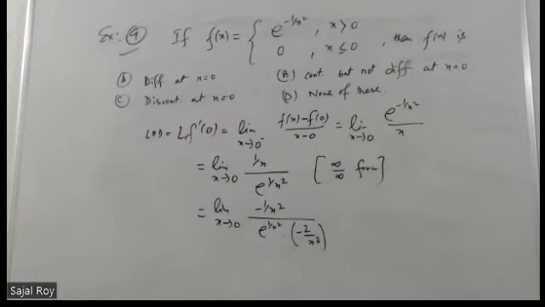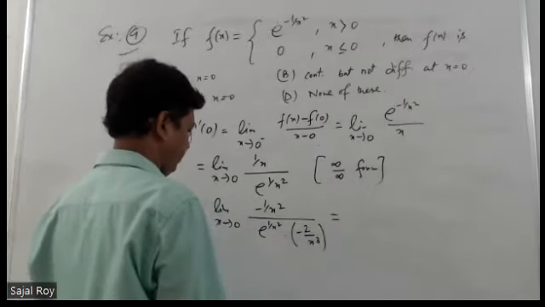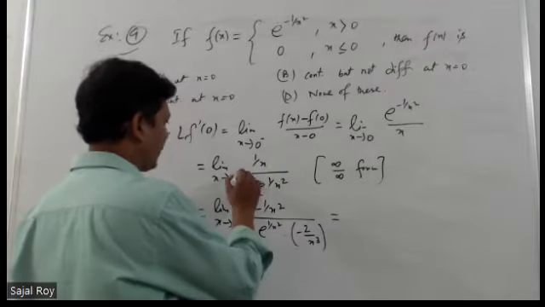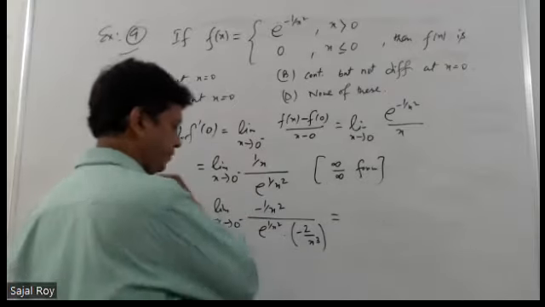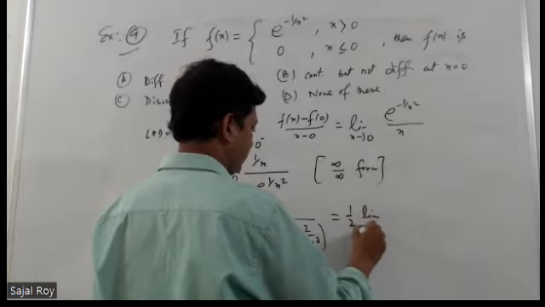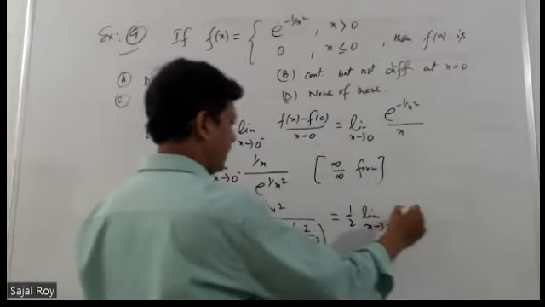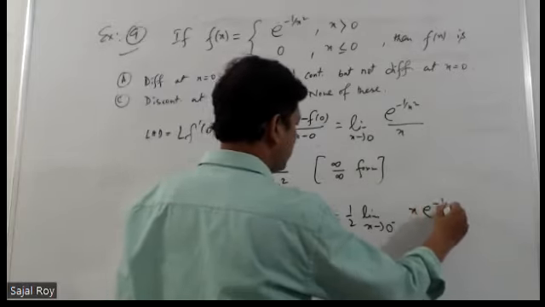Clear? It's 0 minus, no problem. So it's 1 by x now, minus a half x times e to the power minus x.